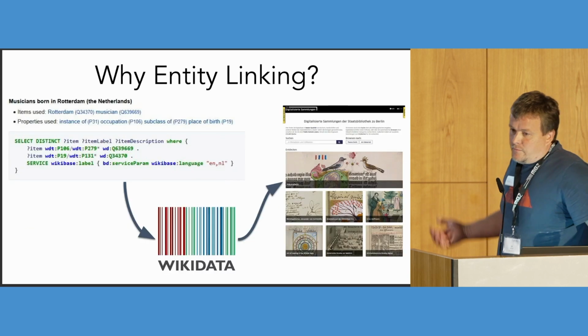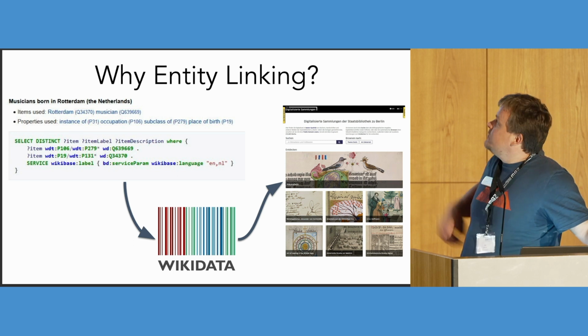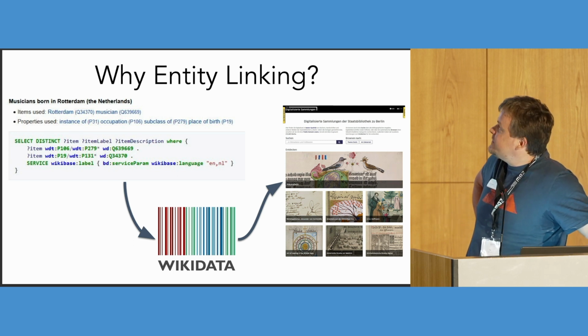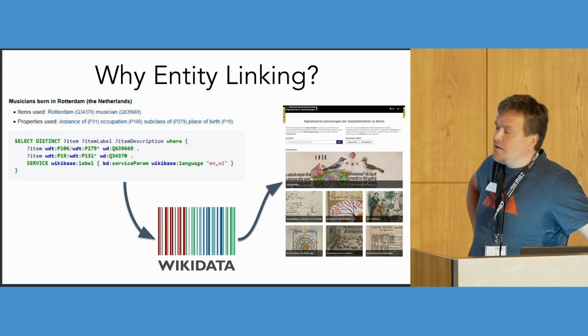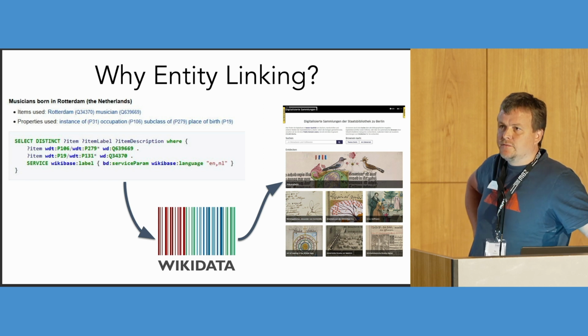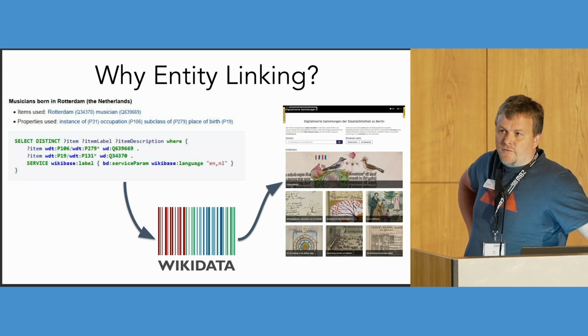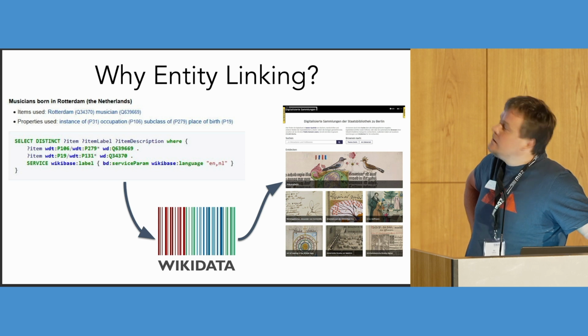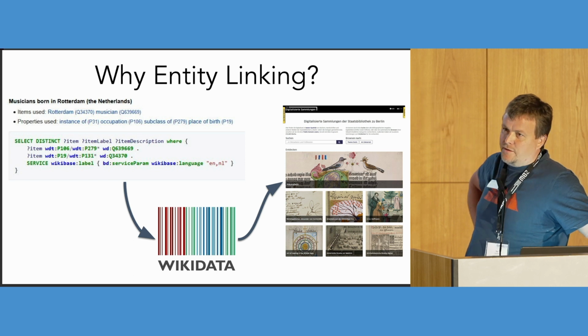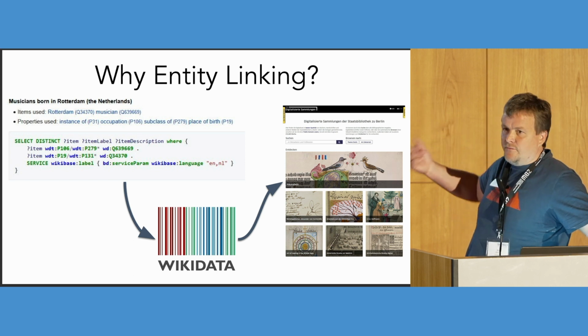Okay, why is this useful? Let's say some user of our library wants to go to the digitized collections and find text that talks about musicians born in Rotterdam. So what we could do then is perform a SPARQL query against Wikidata.